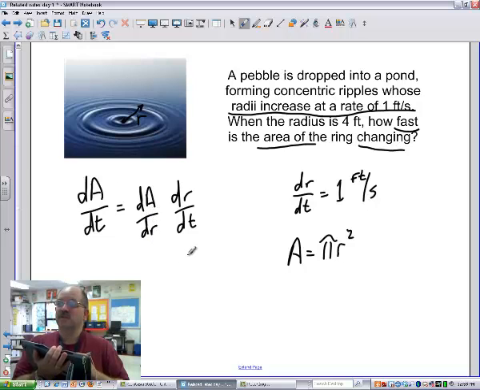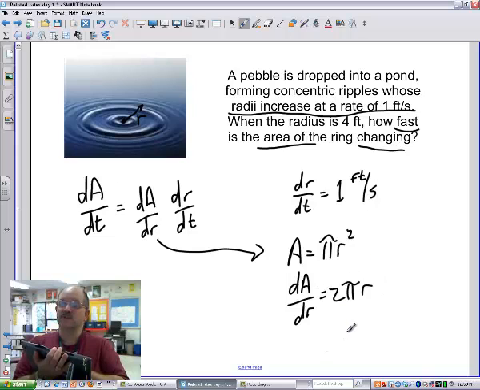To figure out dA/dr, we take the derivative of this area with respect to the radius, so r is the variable that we're differentiating. The 2 comes down in front: 2 pi r. Clap your hands once if that looks familiar. That's a familiar formula that you've seen. Okay, good. So dA/dr is 2 pi r.